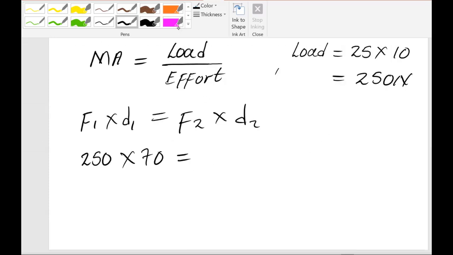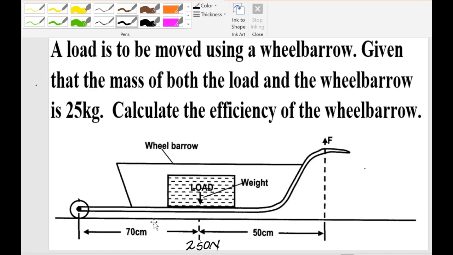So we are therefore going to say force 2 or F times its distance from the pivot. We said it's 120 because you add both 70 centimeters and 50 centimeters because that is where our force is.